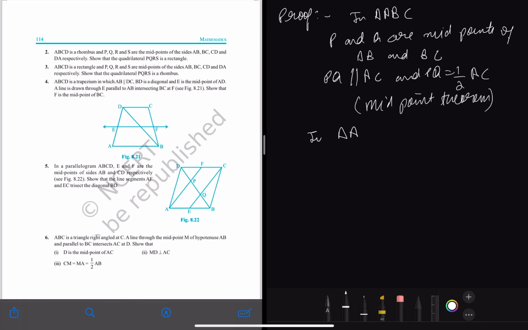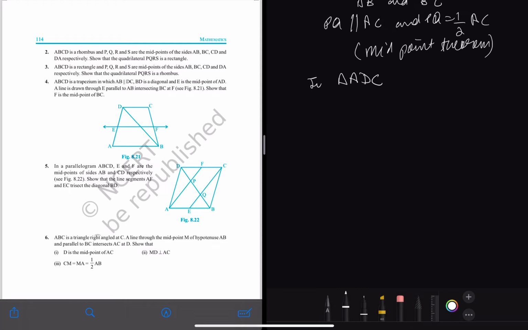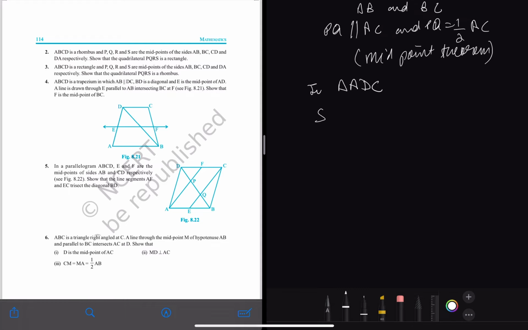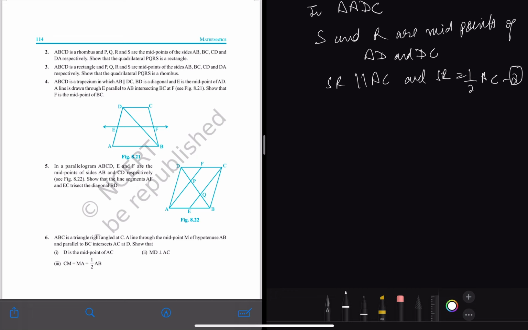Similarly, in triangle ADC, the upper left hand triangle, we know that S and R are midpoints of AD and DC. So we can say that SR is parallel to AC and SR is 1/2 of AC. Let's mark this as equation 1 and this as equation 2.